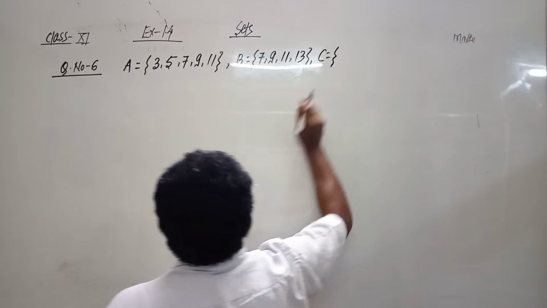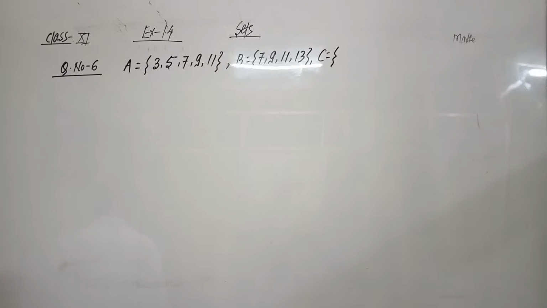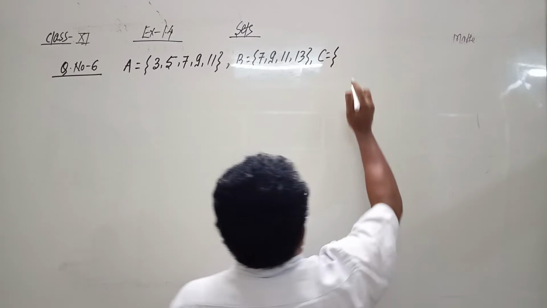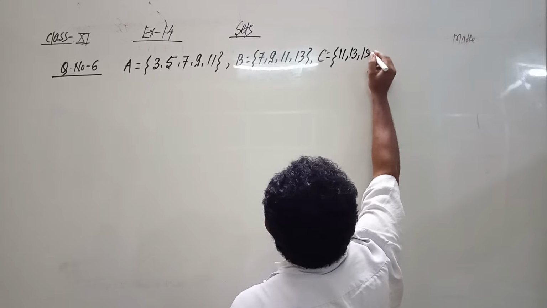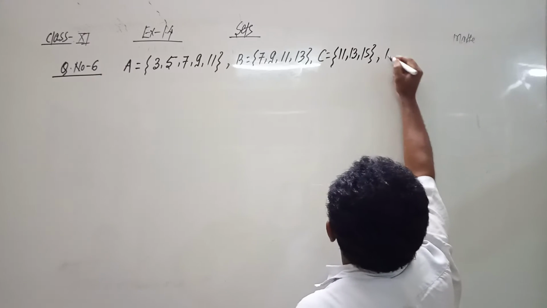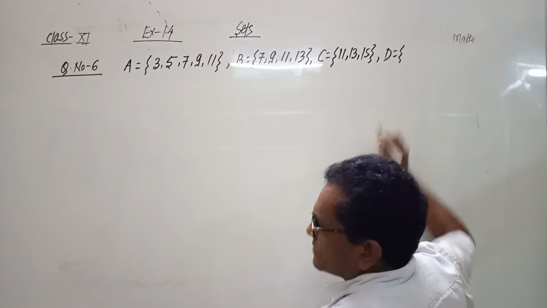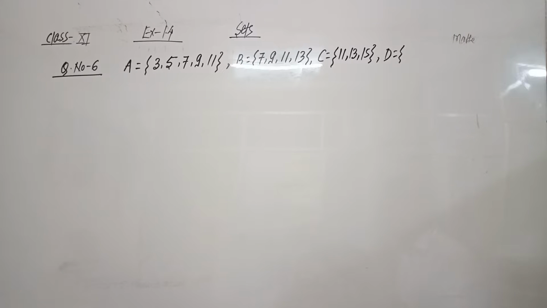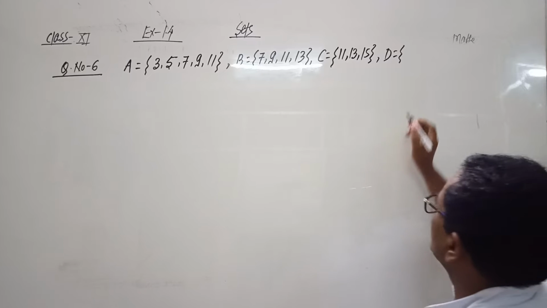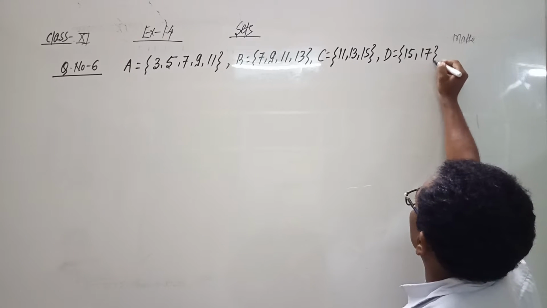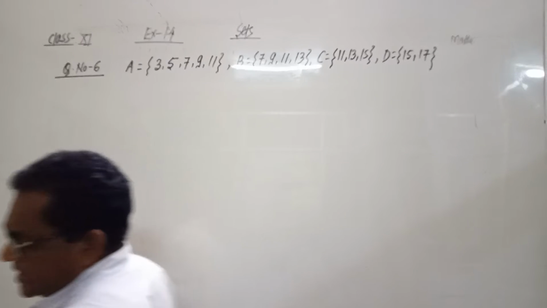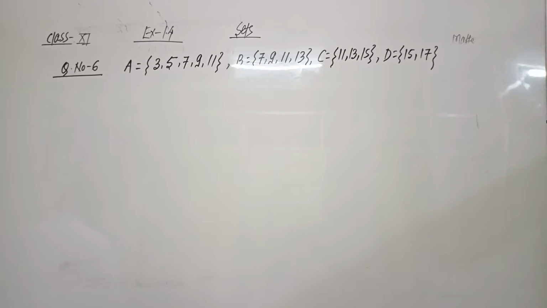Set C equals 11, 13, 15. Set D equals 15, 17 only. Set D equals 15 and 17.